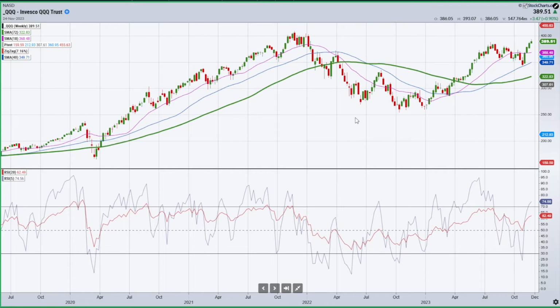So I'm going to start with the QQQ because what I want to explain here is, and I'm using this in conjunction with the RSIs, one of the setups that I've discussed: when we have a trend in place and RSI 20 is holding above the 50 level.